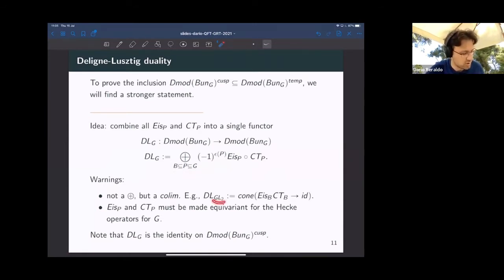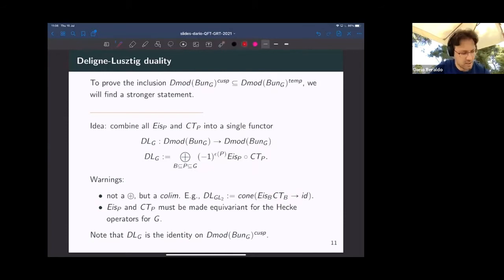For example, for GL2, I fix a Borel, and so I only have two parabolics between the Borel and G, namely the Borel itself and G itself, and I'm using G as well. So I have Eisenstein constant term, applied one after the other. And since that's an adjunction, this is the counit of the adjunction that maps to the identity.